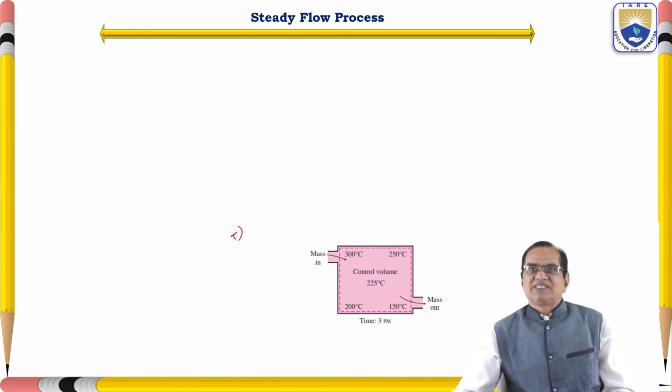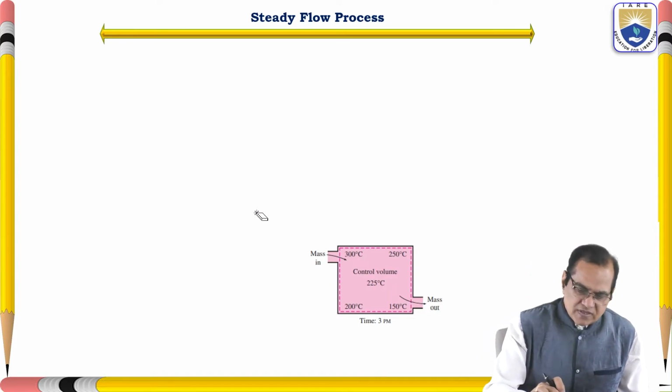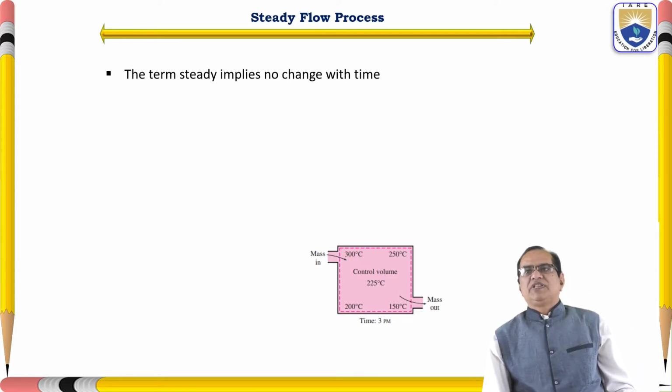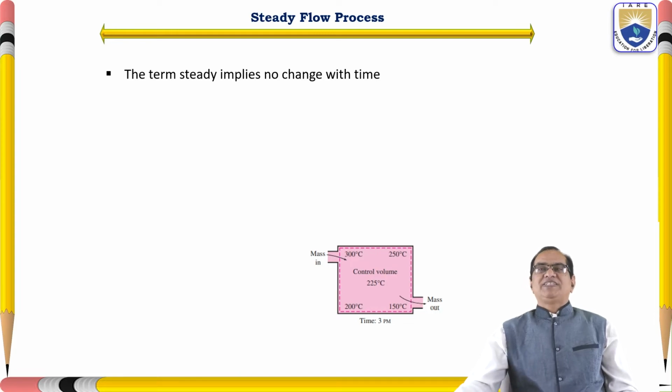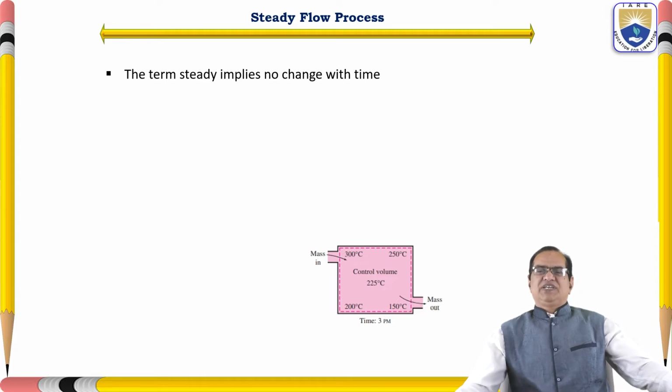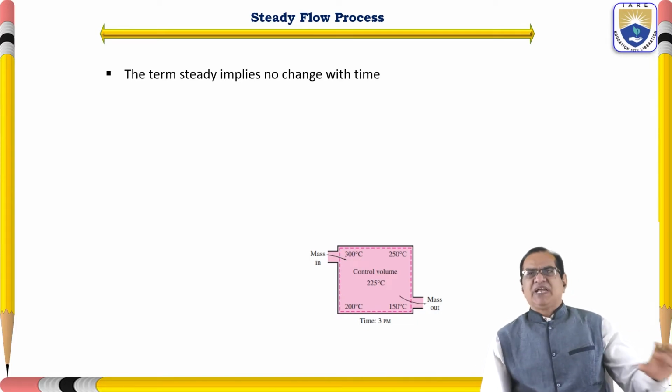Now I will discuss the steady flow process. The term steady implies no change with time. Steady means there is no change in the properties with time, means time is fixed.